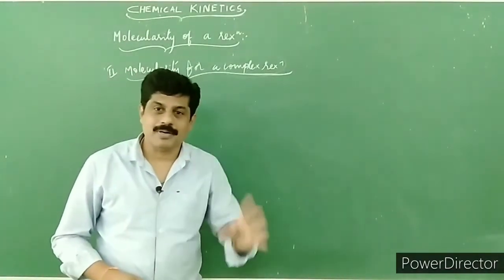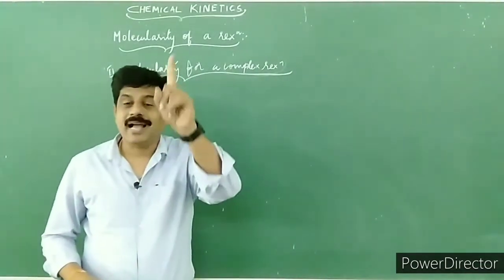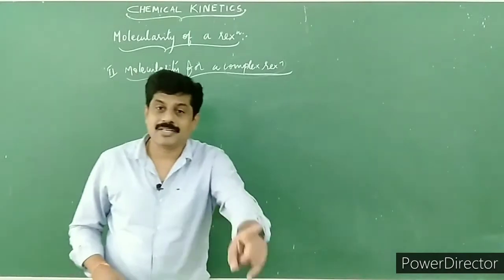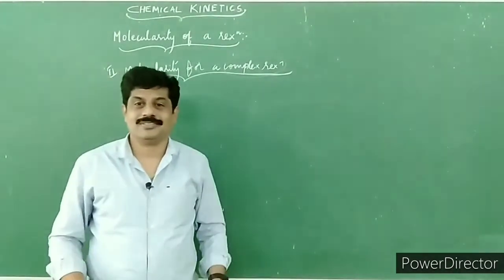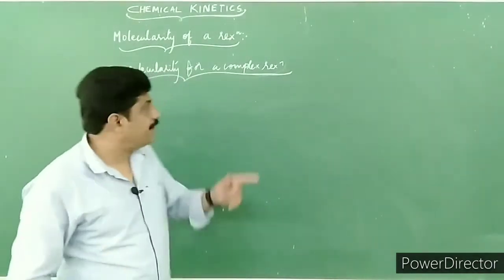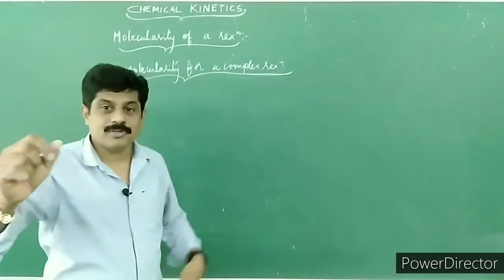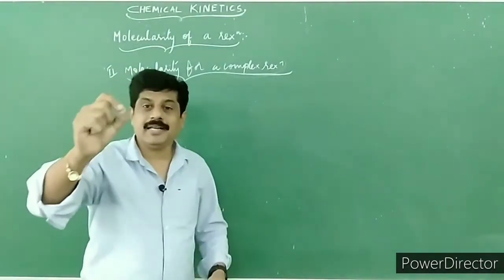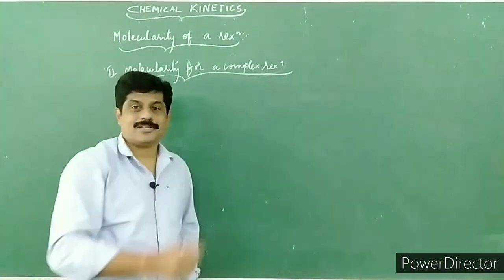Children, always remember the molecularity for a complex reaction depends on that one step or elementary reaction which occurs slowly, which determines the rate of the reaction. In other words, the molecularity of a complex reaction is defined as the number of reactant molecules that collide in the rate determining step, otherwise the slowest step in the complex reaction.